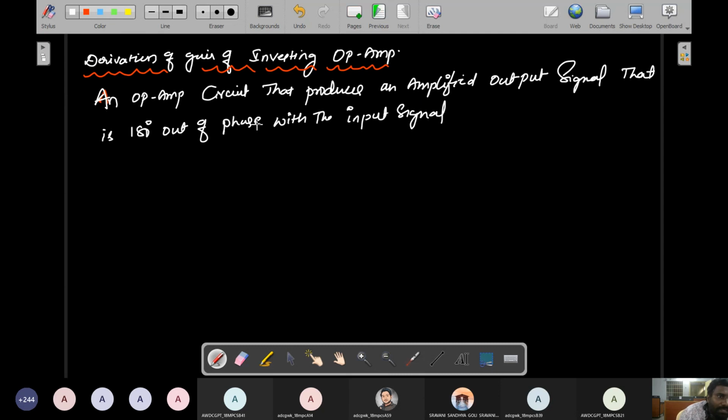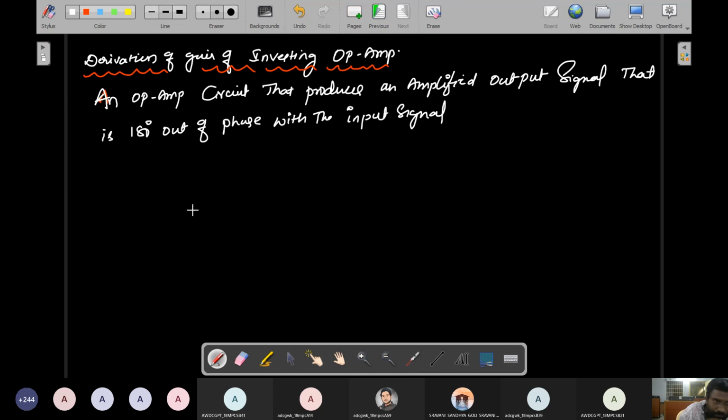An op-amp circuit that produces an amplified output signal that is 180 degrees out of phase with the input signal. So this is a very important definition. So whatever input is given to the inverting terminal, the output voltage will finally be 180 degrees out of phase with the inverting input voltage.